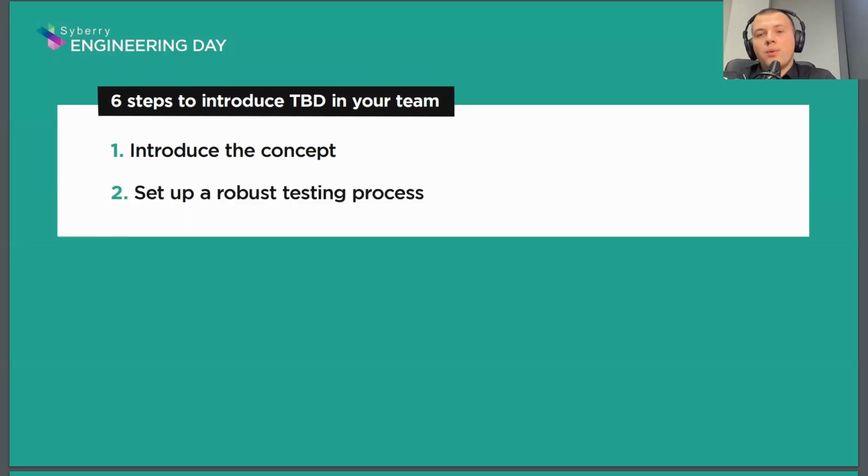Second important point here is a robust testing process. In our case, it was pretty easy to do as it was a new project, and we started to write tests from scratch. So we just started to write different types of tests, like integration, of course, units, performance tests, and so on. We ran these tests before deployment in the pipeline, and this process was well configured, in my opinion.